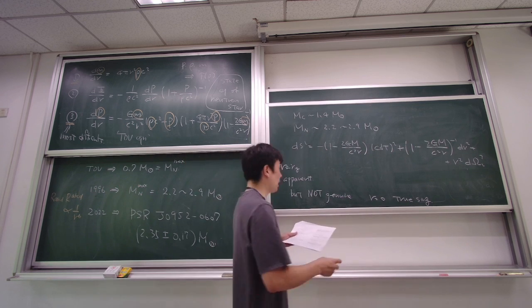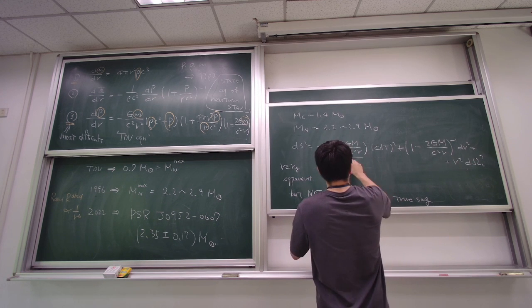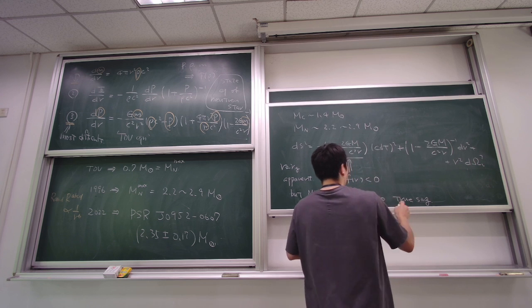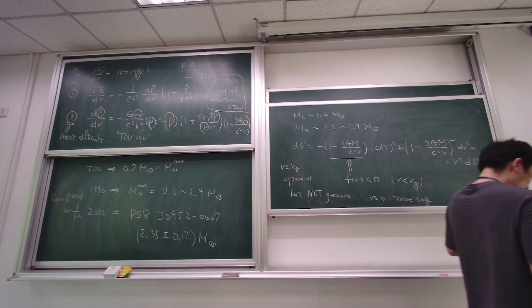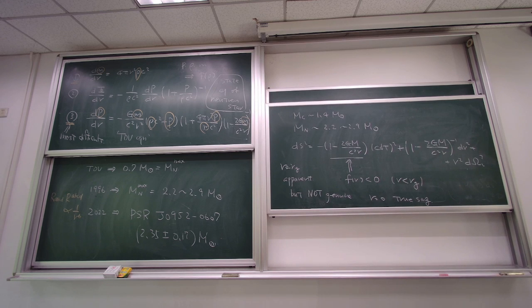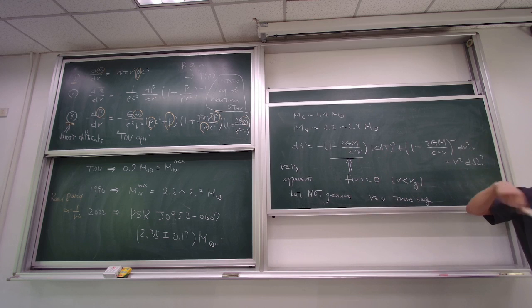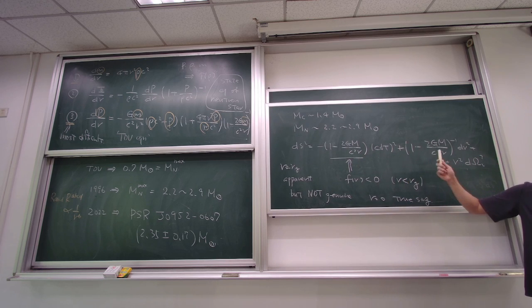And also, here the important thing is that f of r is negative when r is less than rg. So therefore, this part behaves like a spatial metric, and this becomes negative, and so this behaves like a timelike metric.